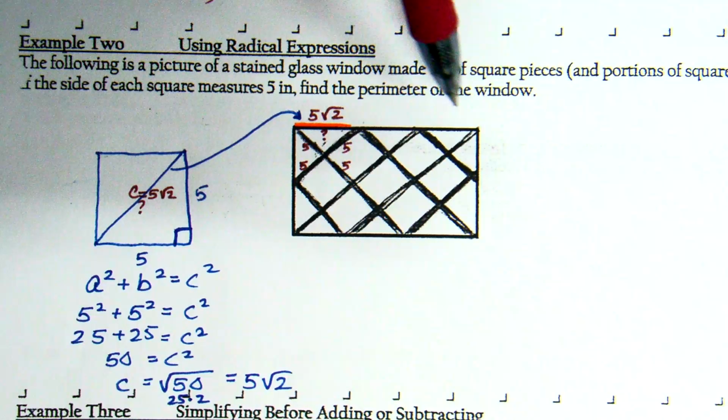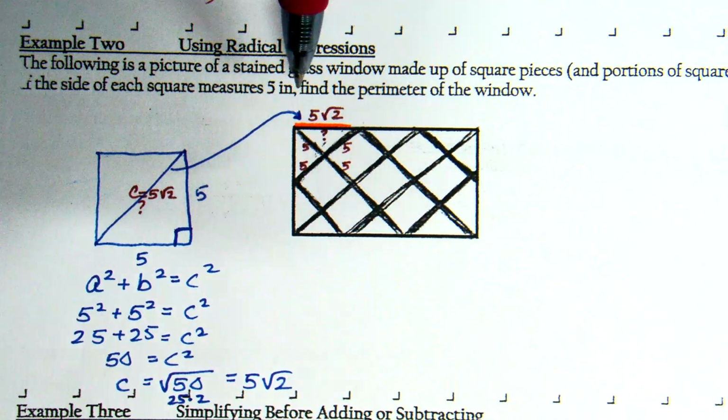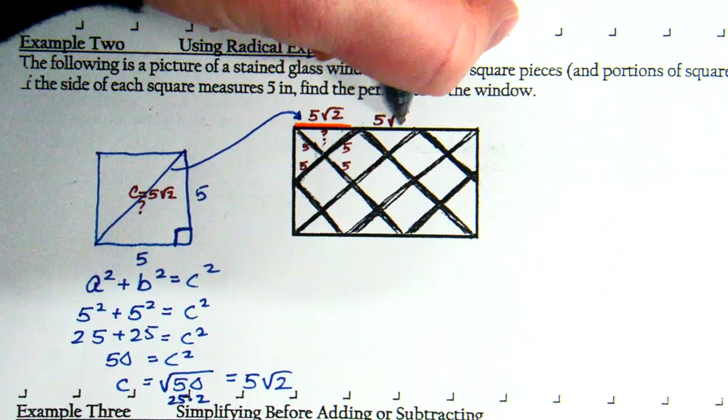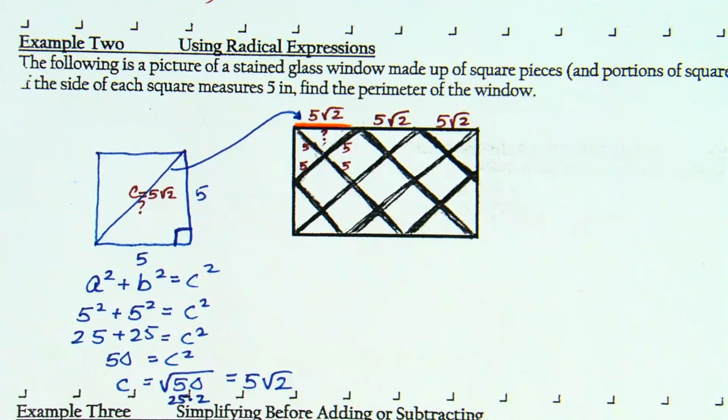So lots of different ways to finish it up. What do you know about the length of this window? Okay. And so if she's saying 3 units, 1 unit here is 5 square root of 2. There's a 5 square root of 2 and 5 square root of 2.